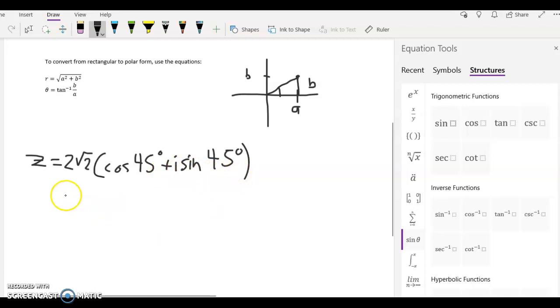We know that the cosine of 45 degrees is root 2 over 2, and the sine is the same. They're both root 2 over 2. So we'd have 2 root 2 times root 2 over 2 plus i times the sine of 45, which is root 2 over 2.